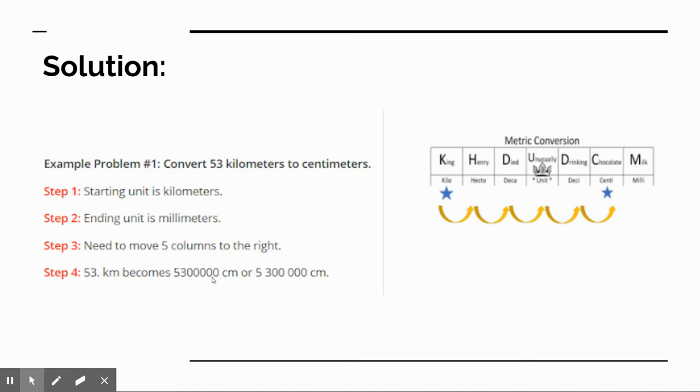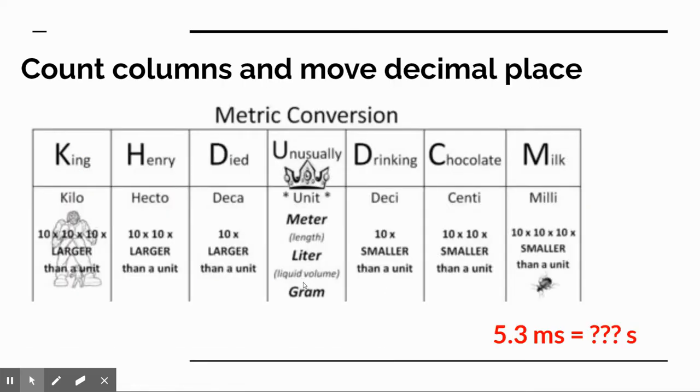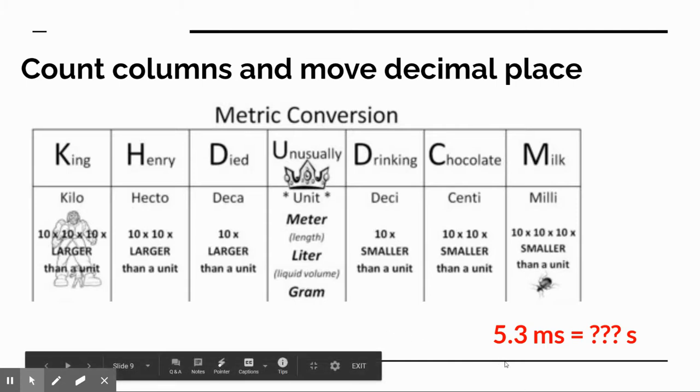When you write it out, they're going to be squished like this. When we're back at school and you're writing it for real on paper, you could either put spaces here or you could put commas. That would help us keep track of, is it 530,000 or is it 5 million? It turns out here, based on the spaces, it's 5,300,000 centimeters.